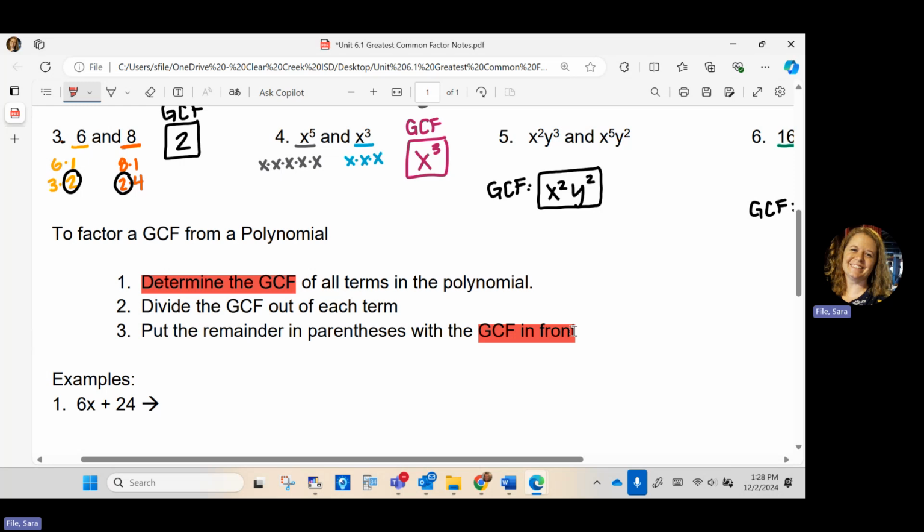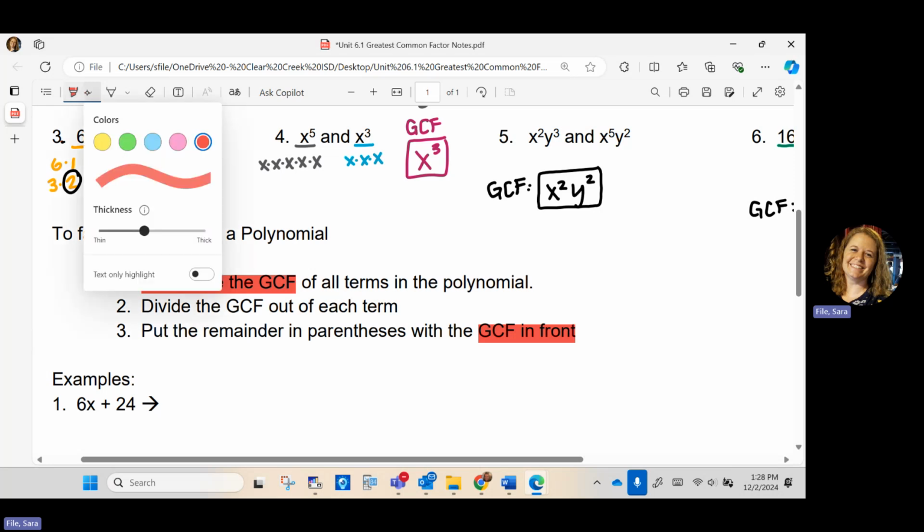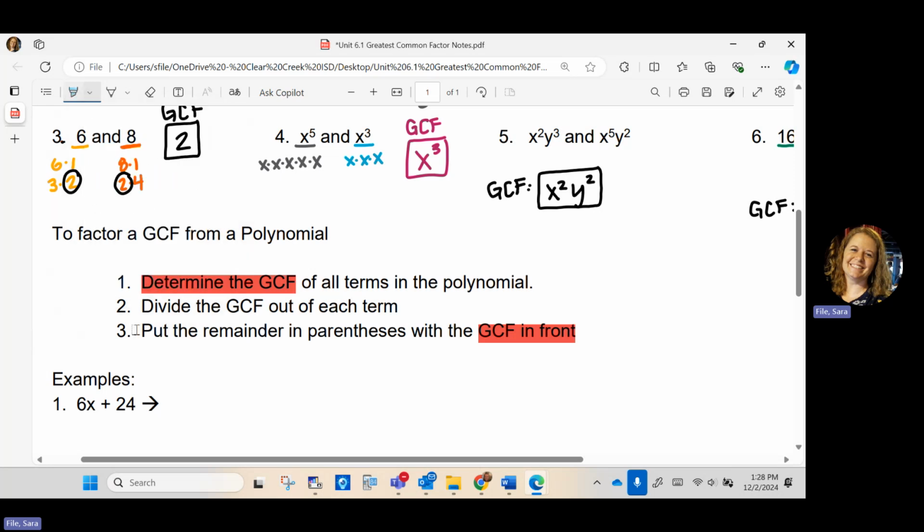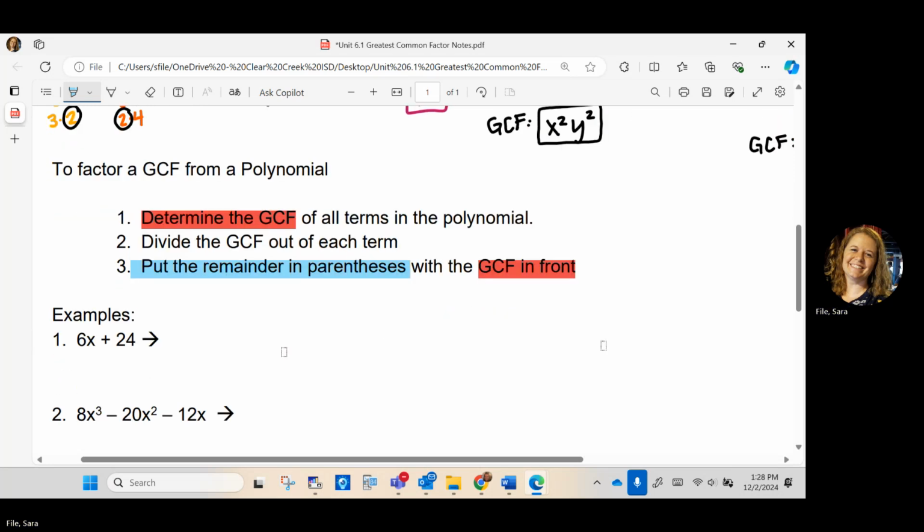We're going to write the GCF that we divide out of everything in front, and then we're going to put the remainder in parentheses, what we're left with after we divide out that GCF. So we figure out the GCF, divide it out, write it in front, and then put in parentheses what we're left with after we divide.